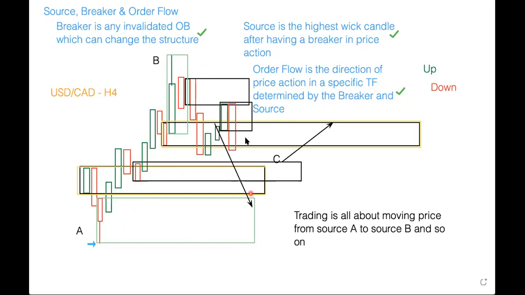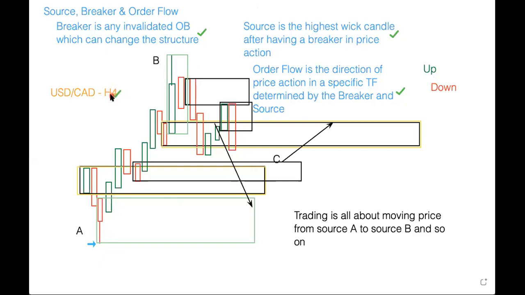And remember, the important thing to consider is the time frame. So here we have the H4 time frame. If we are saying order flow is up in the H4 time frame, it's only for this time frame.